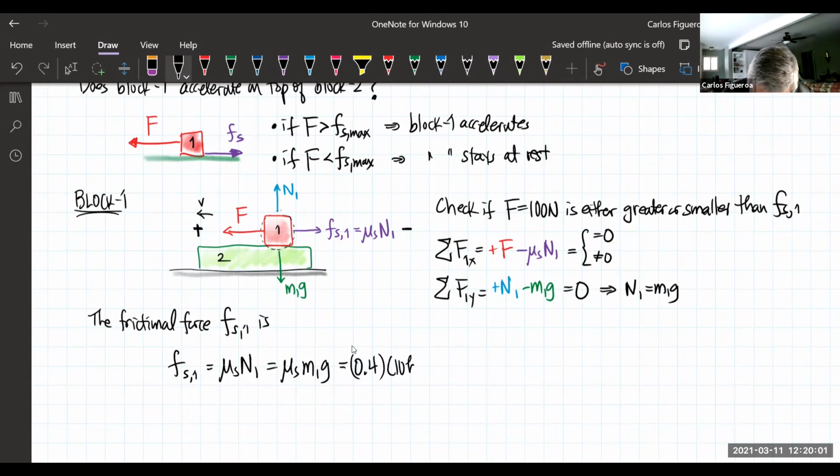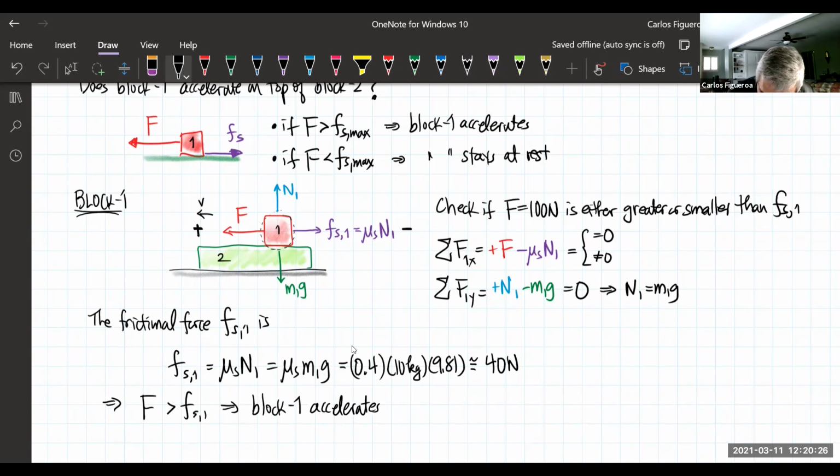This is 10 kilograms times G, 9.81. And if I compute that, it becomes around 40 newtons. So this implies here that the force F is greater than this. So therefore, block 1 accelerates over the slab or block 2. So we know it accelerates. So look what this means here.